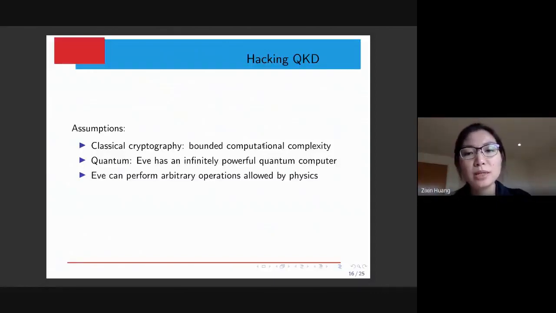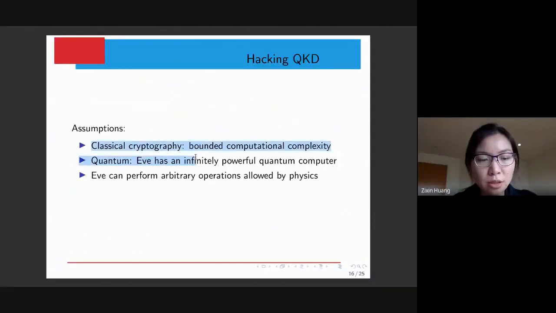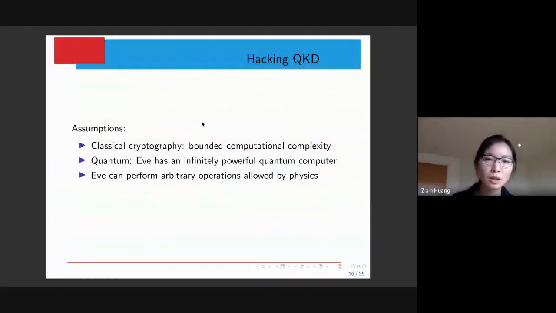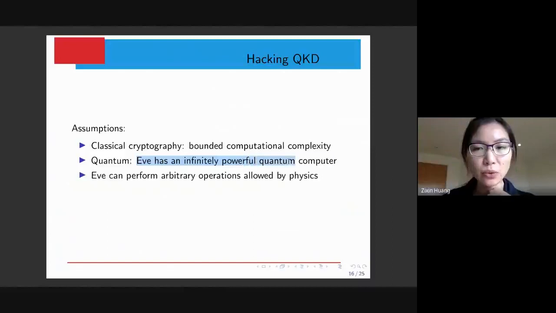So we assume that the eavesdropper does not have infinite computational power. And of course, this is a dangerous assumption once quantum computers come online. So if we want to do cryptography that is future-proof, we need to assume that Eve has an infinitely powerful quantum computer, and she can also perform arbitrary operations allowed by the laws of physics.